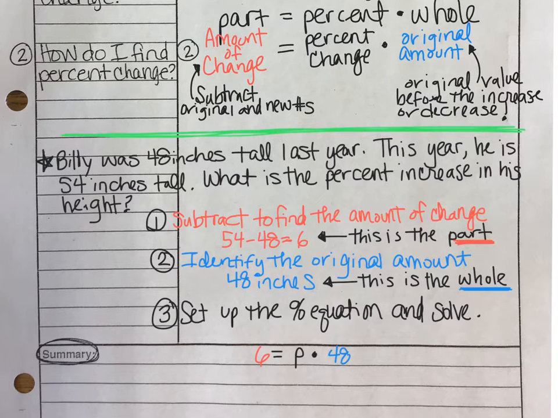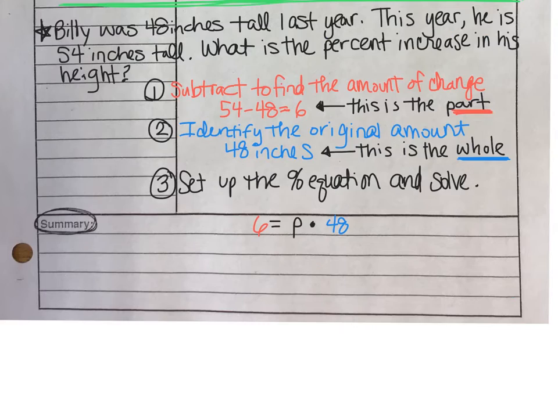And last but not least, set up the percent equation and solve. To solve this equation, we have multiplication that we need to undo, so we undo that by division. And again, remember you're dividing both sides of that equation by the number in the multiplication problem.